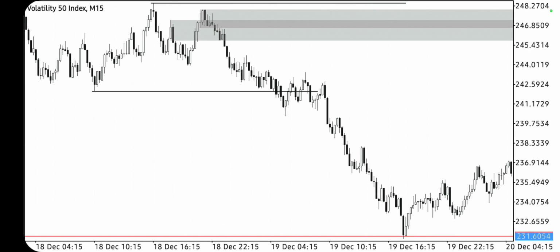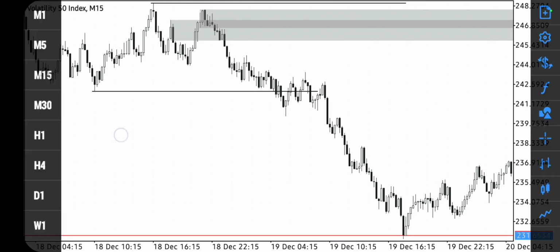The market might not have so much strength to go back to primary point of interest, so it will just use the secondary point of interest and continue the structure to the downside.